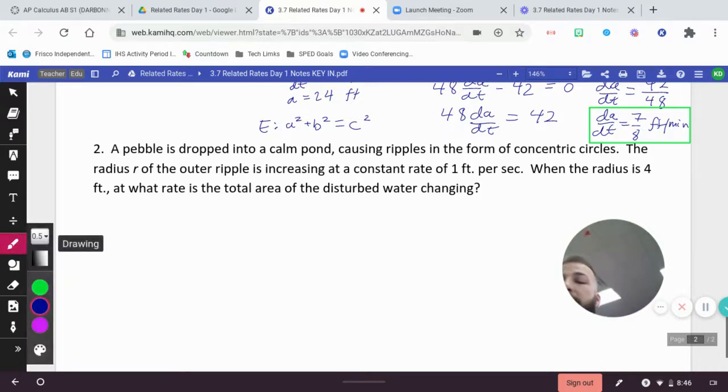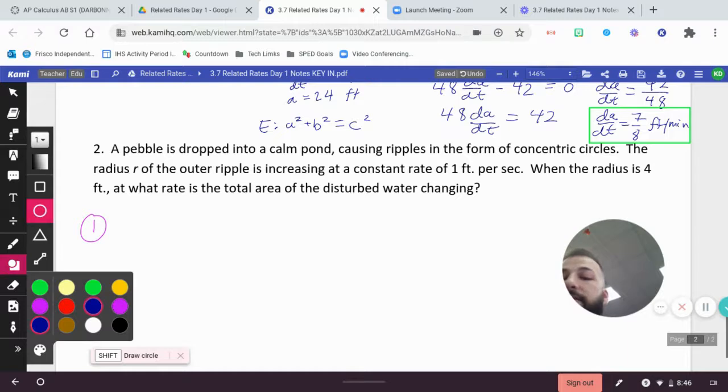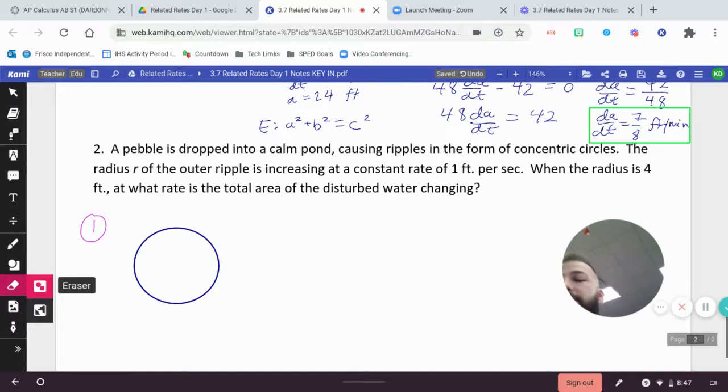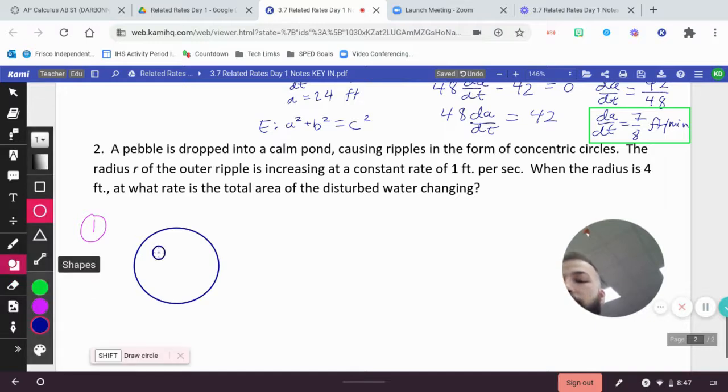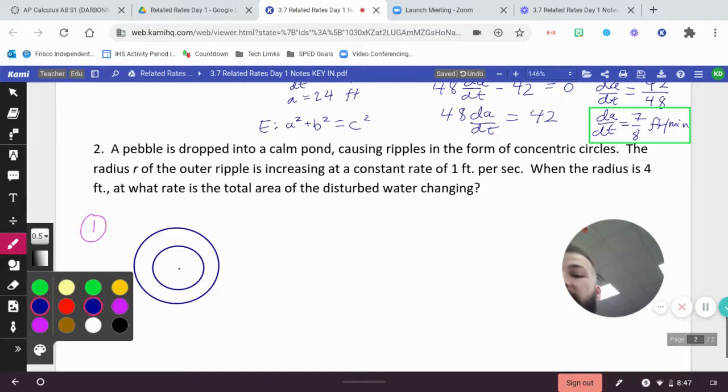So step 1, draw our picture. We've got a pond, and yes, it is concentric circles, so I am going to make a nice pretty circle for my pond. That's not the best circle, we're going to try again. There we go, that's better. So we have a pond with pebbles being dropped into the middle, creating little circles as we go out.